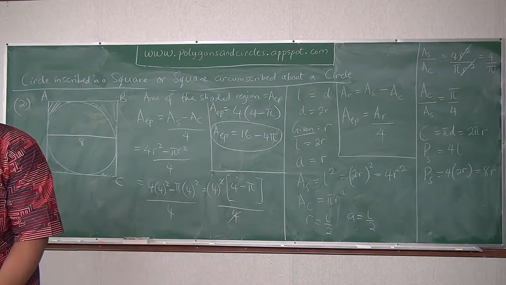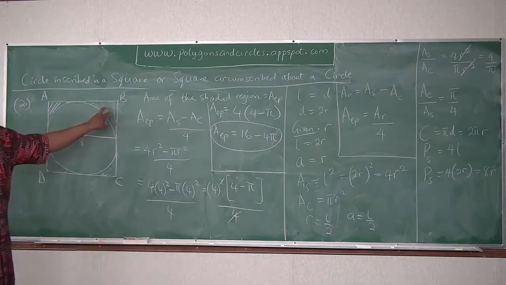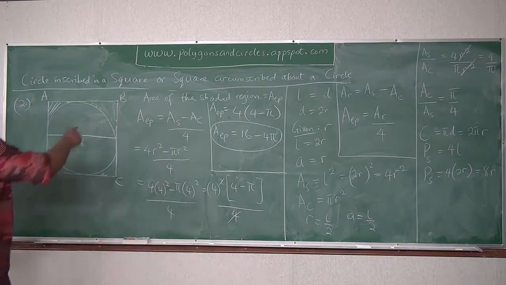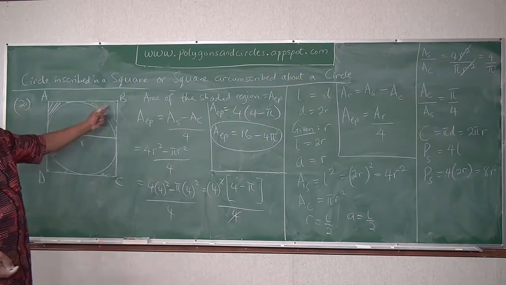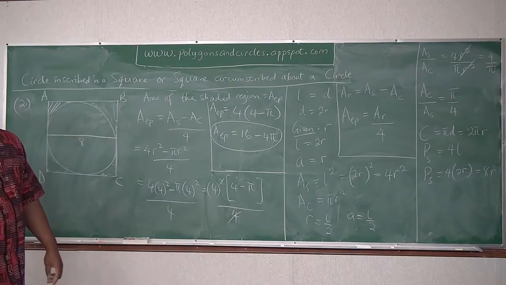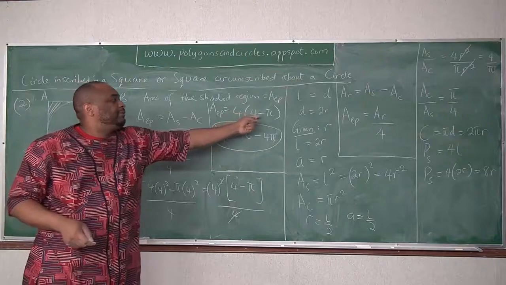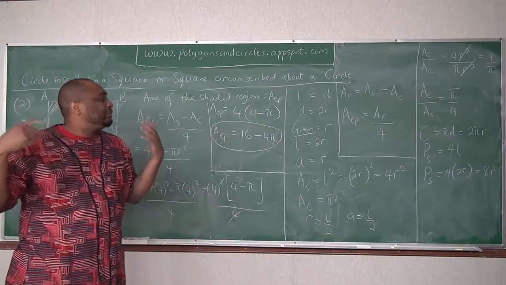Question 46, H. Now, what if they asked you two parts? What if they shaded another part? It doesn't matter, just do 2 times 4 times (4 minus pi), so it will be 8 times (4 minus pi).